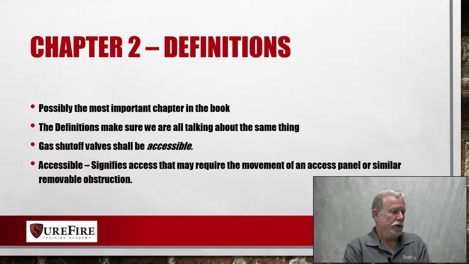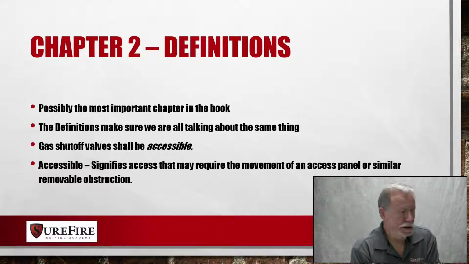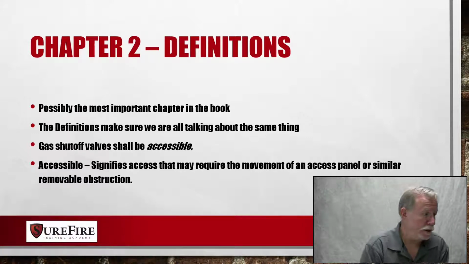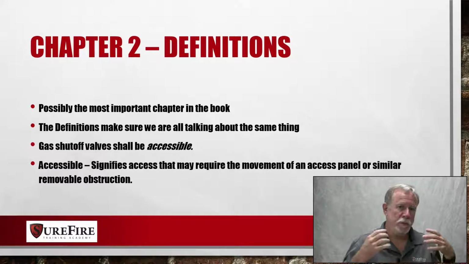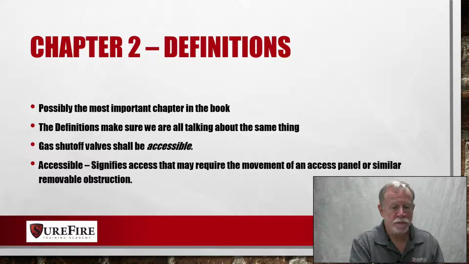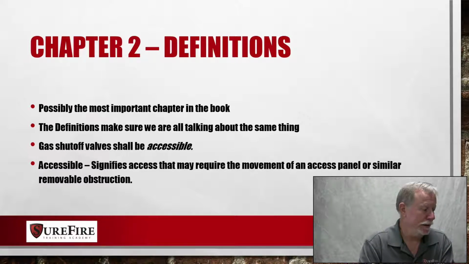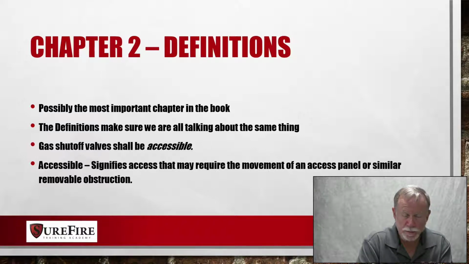Okay. Chapter 2 is definitions, and is possibly the most important chapter in the code because the definitions make sure we're all talking about the same thing. For example, in Chapter 24, you'll see a requirement that says gas shutoff valves shall be accessible. Well, what does that mean?